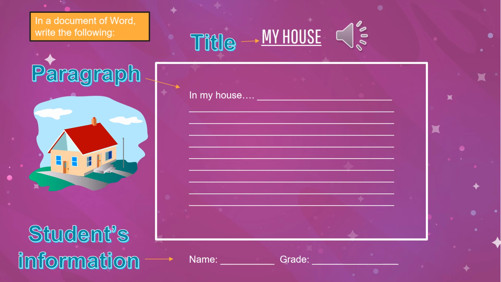First, the title of your paragraph, then the paragraph itself, and finally, at the end, you have to write your name and your grade, su nombre y su curso. Entonces, recapitulando, primero el title, el título, then your writing, the paragraph, el párrafo, and then your name and your grade.